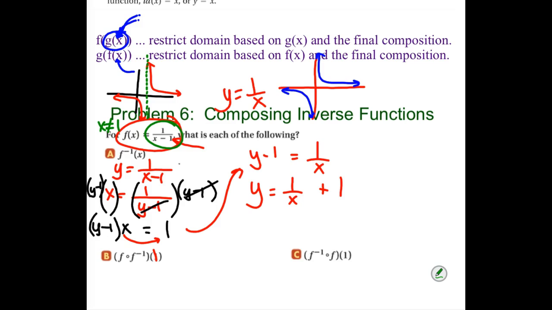What does my inverse look like? We know what 1 over x looks like, right? It's the blue graph here. Which way have we moved it? We've moved it up 1 this time. So now I have this kind of picture.